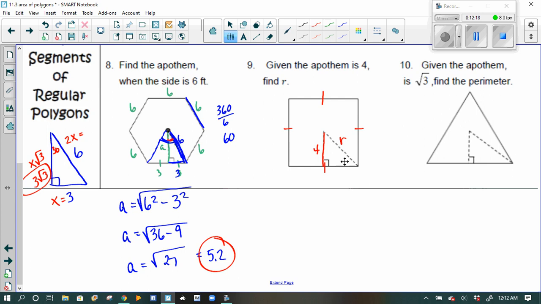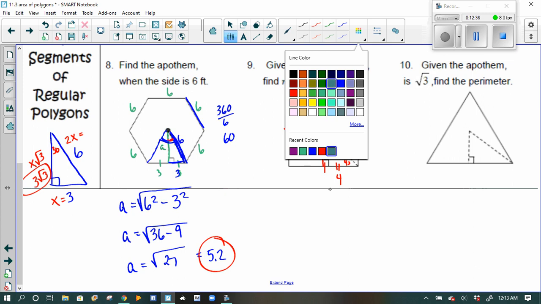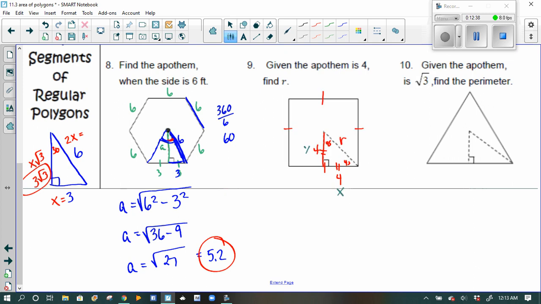So that means that this is 45 degrees and this is 45 degrees. So this is a 45, 45, 90, which means if this is 4, then this piece right here is also 4. So if this is 4 and this is 4, remember the rules. This side is x, this side is x, then this side is x square root of 2. So my radius is 4 square root of 2.